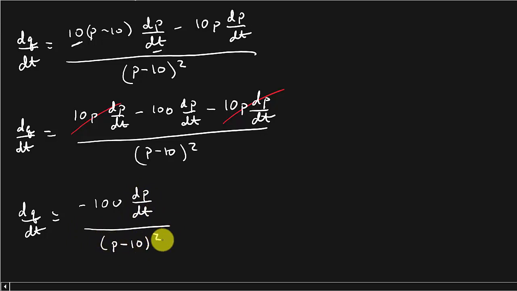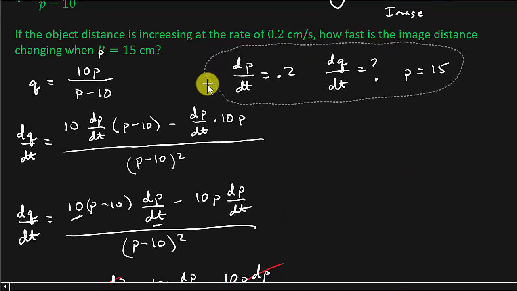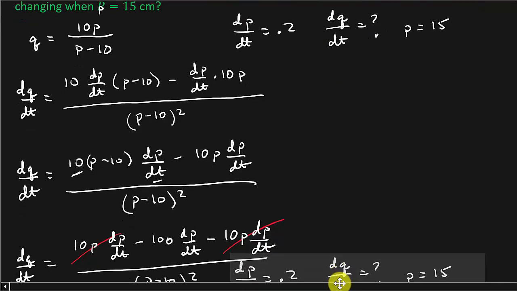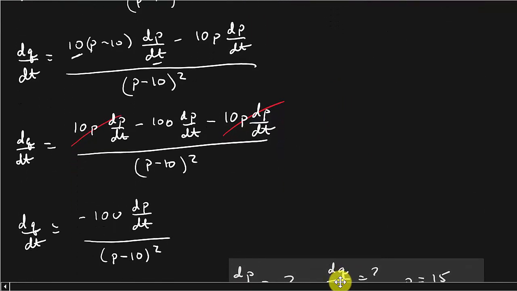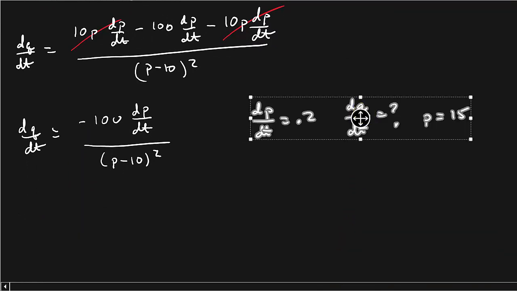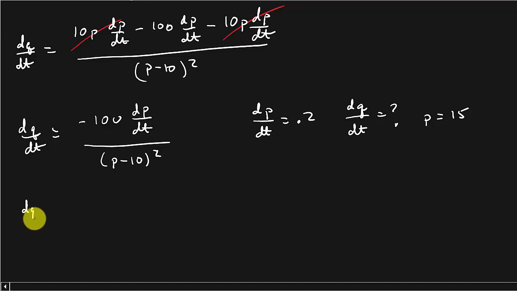All right, so now we're ready to plug everything in. Let me take this and bring it down here. So we've got dQ/dt is equal to negative 100.